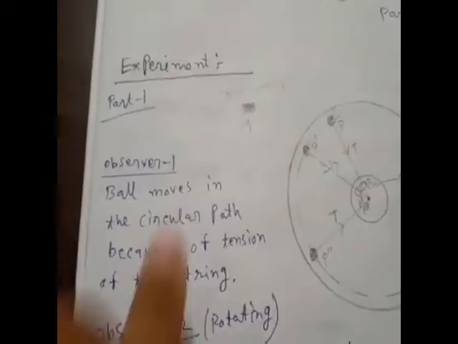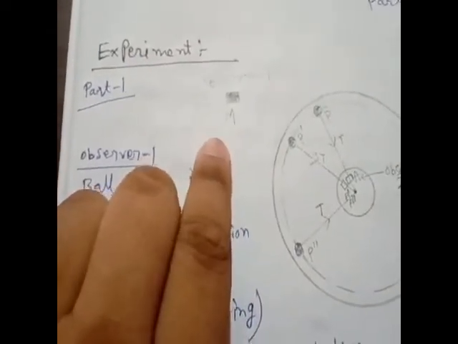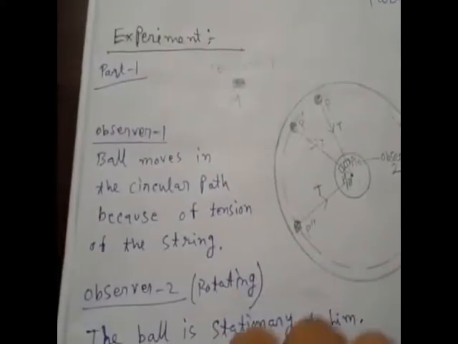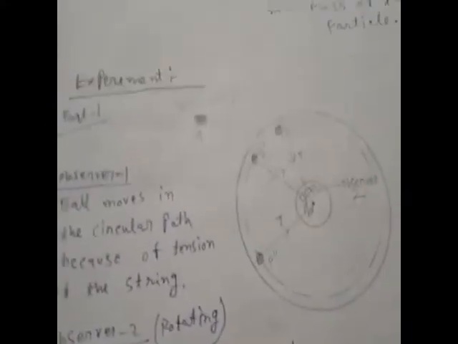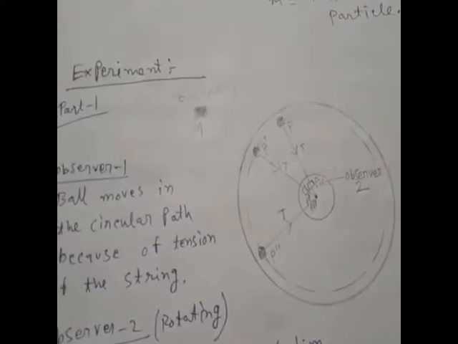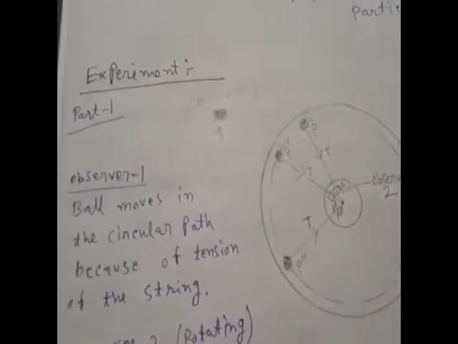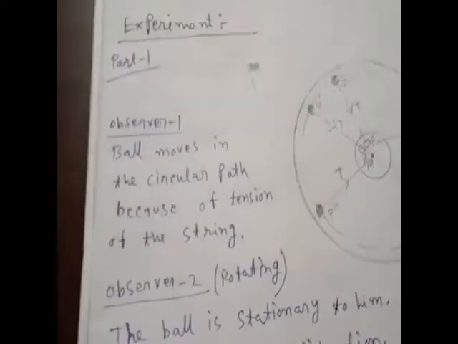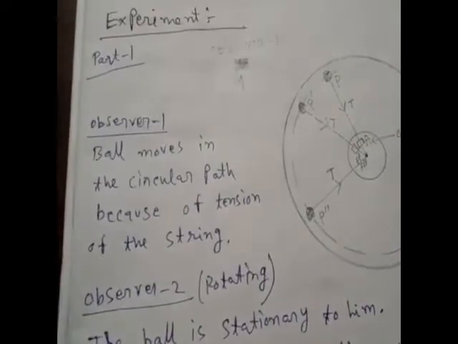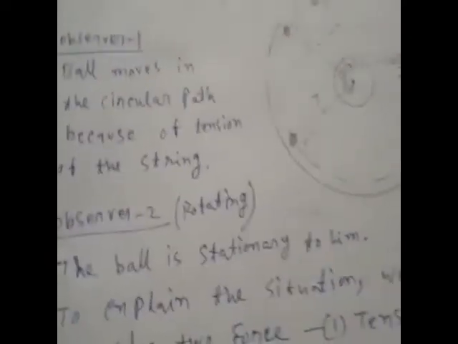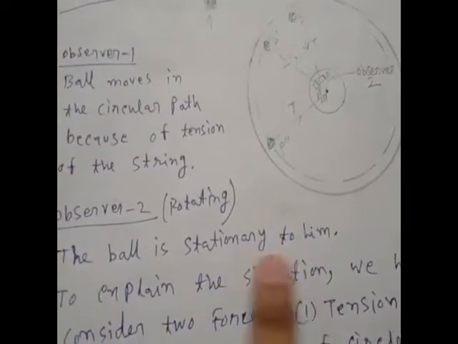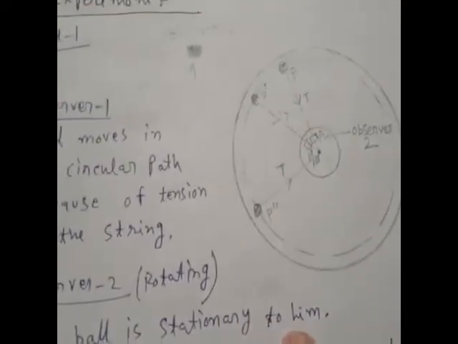Observer 1 observed that the ball or the stone rotates in a circular path, but observer 2 observed that the ball is stationary to him. Why?